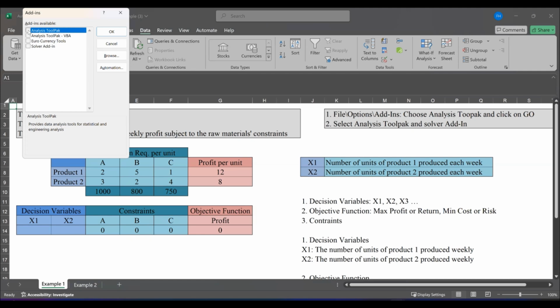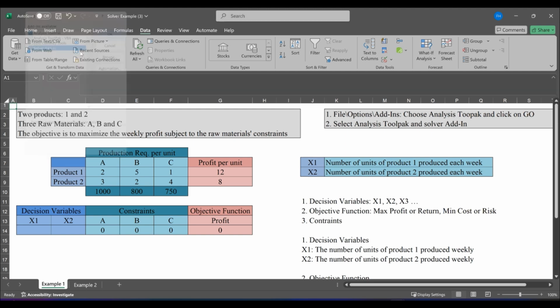Now, I need you to add those two, Solver add-in and Analysis Toolpack. Today, we're going to be using Solver. However, we're going to need the Analysis Toolpack in order to perform regression analysis for the second part of the project. So here, I'm going to click on OK.